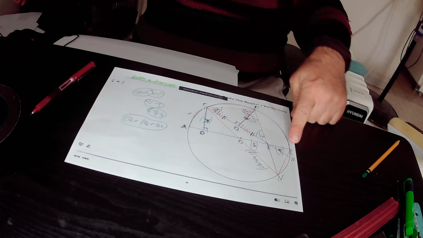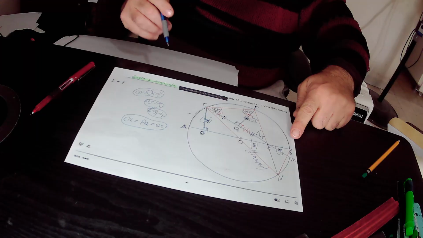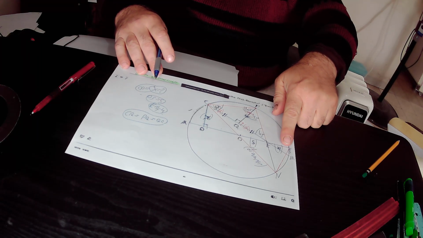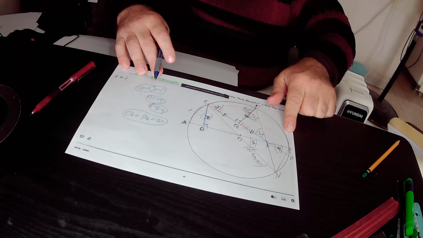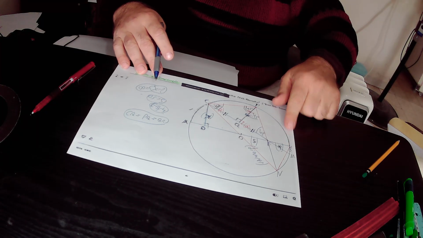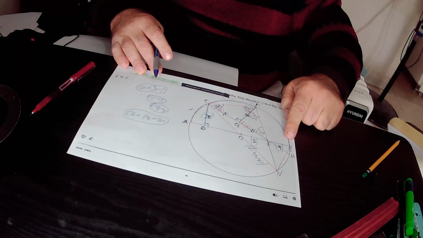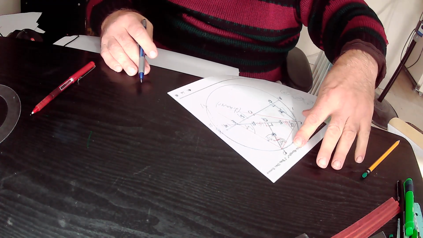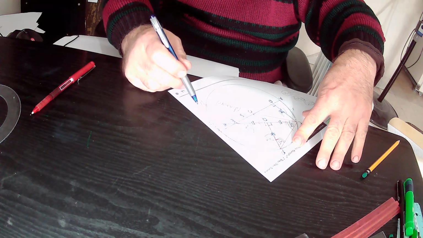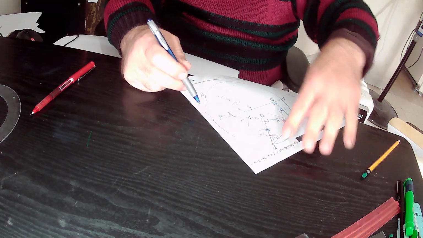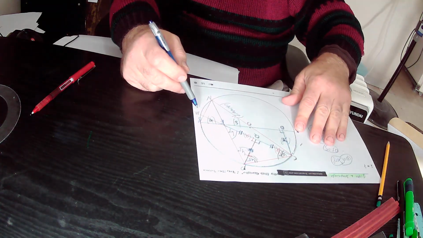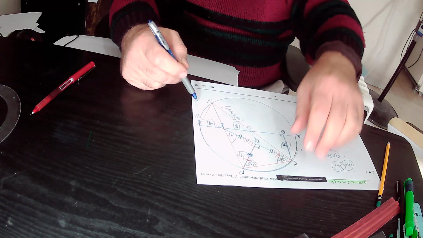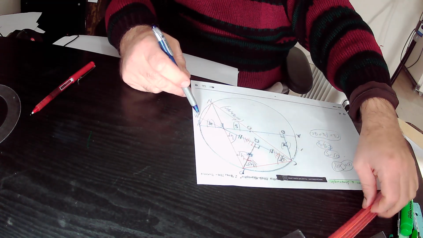Because in our drawing, this is peripheral angle CMN. Actually, we join points M and N together by a straight line.